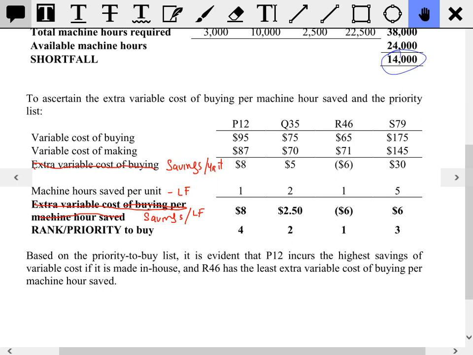We don't want priority to make. Normally we don't write anything, just write rank. Priority to make, change it. 1, 2, 3, 4. This is priority to buy, which means this will be our last priority to buy, meaning we have to make. Okay, confusing, so we just follow our way. Rank 1, 2, 3, 4. Done.